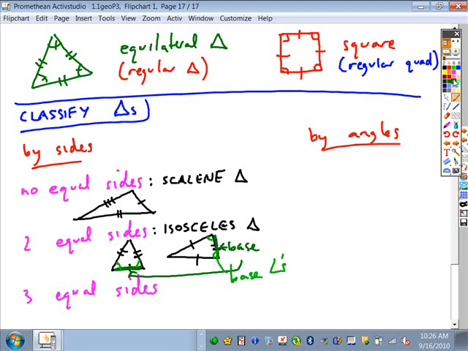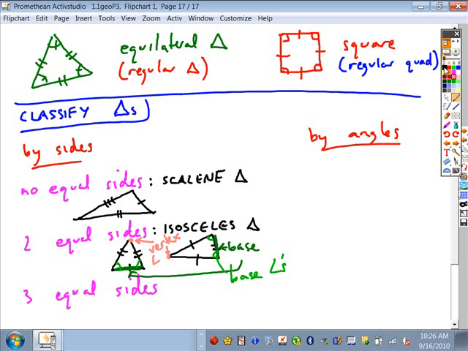And the point where the two equal sides meet is called the vertex angle. Even though all the intersections of sides are called vertices, the vertex angle of an isosceles triangle refers to that vertex where the two equal sides come together.